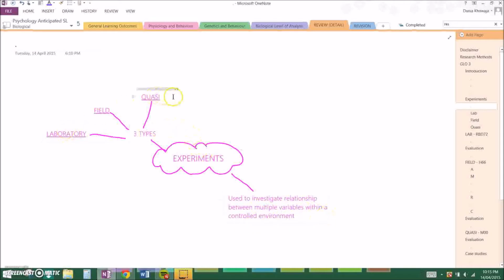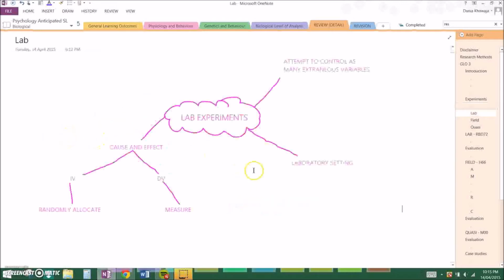There are 3 types of experiments: laboratory, field, and quasi, also known as natural. And lab experiments are in a laboratory setting, of course, and they establish a cause and effect. Their IV is randomly allocated and DV is measured, IV being independent variable and DV being dependent.